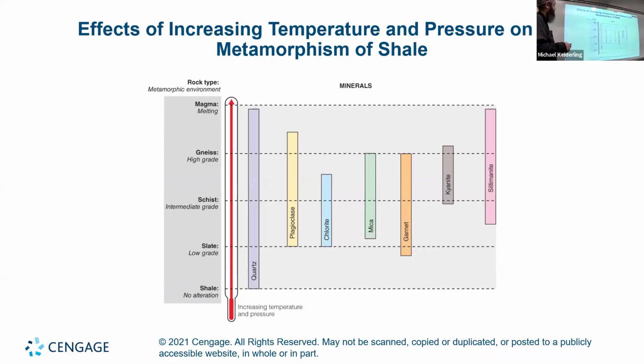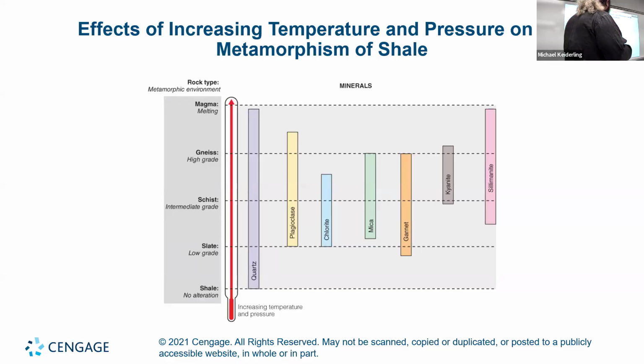And this happens as you increase metamorphism and temperature. You get different minerals. And then eventually, if it gets too hot, it all just melts. So, quartz goes all the way through.